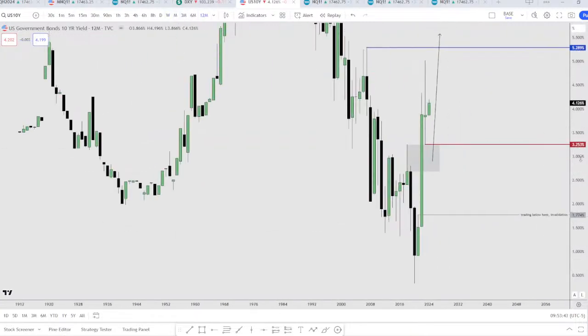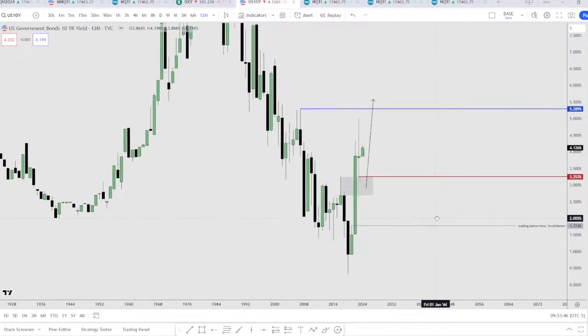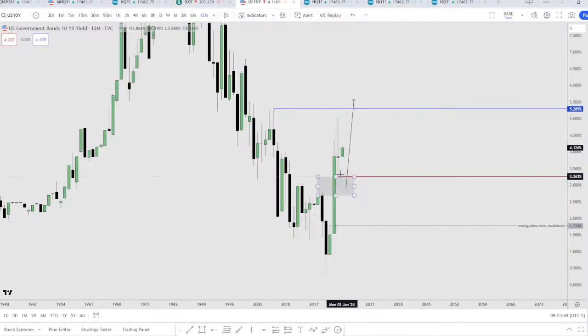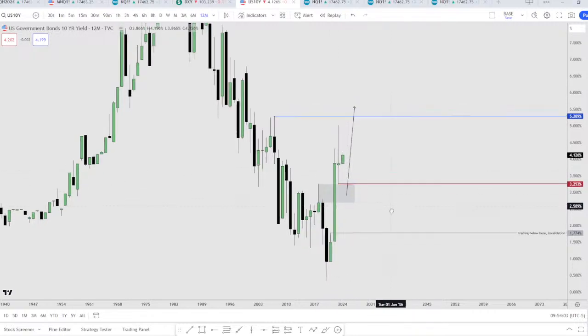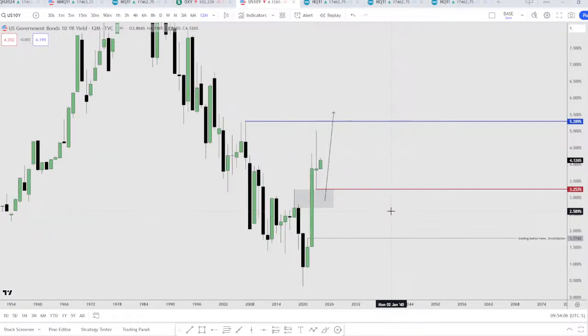Okay, so as I was anticipating, naturally I would like to see a run into this fair value gap before higher prices, but in a case whereby we run into the highs here before taking out this fair value gap here, that will be problematic because that would mess up the whole symmetry between the dollar and indices, right?